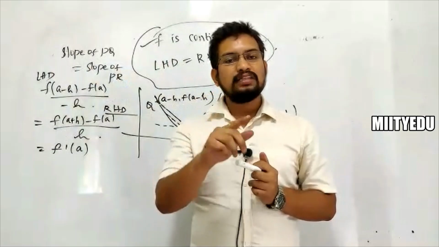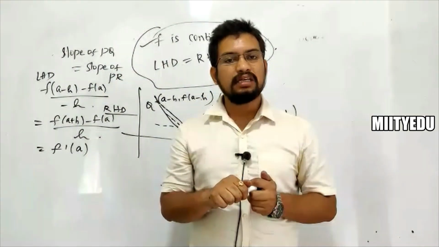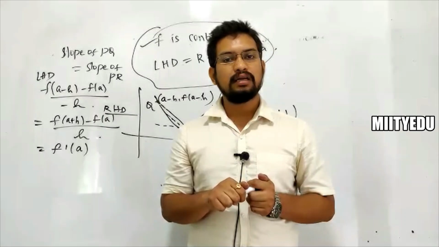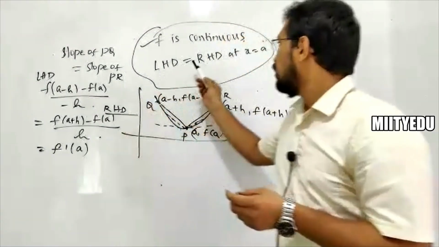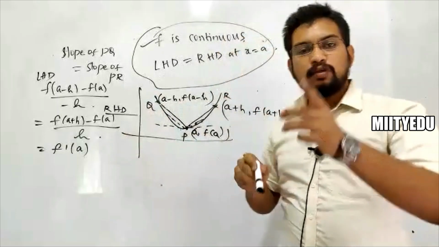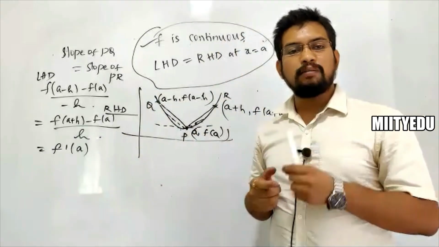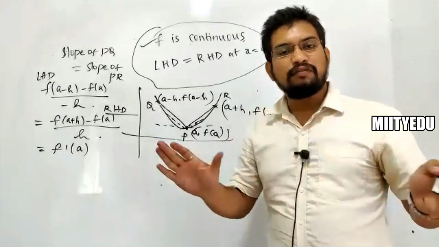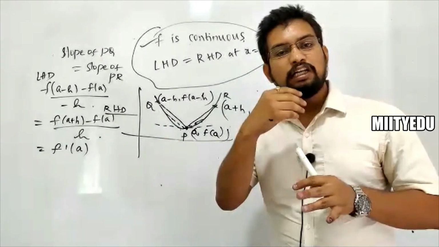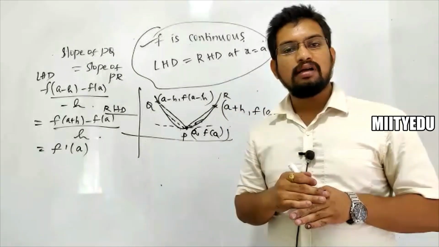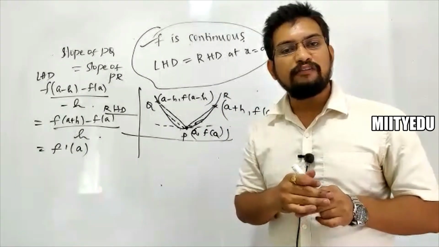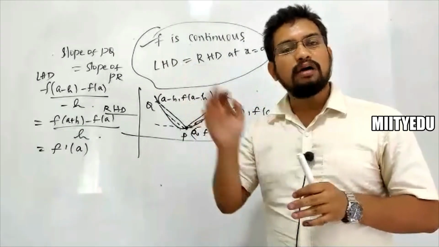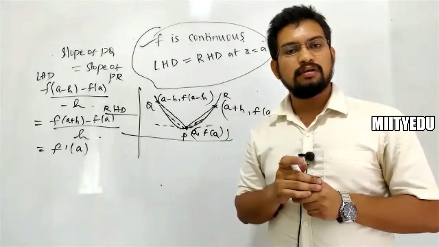Now, same as your continuity, for the existence of differentiability, the first thing is that f has to be continuous. To summarize, f has to be continuous. If the function is not continuous, there is no point in talking about the differentiability of the function, no matter what.